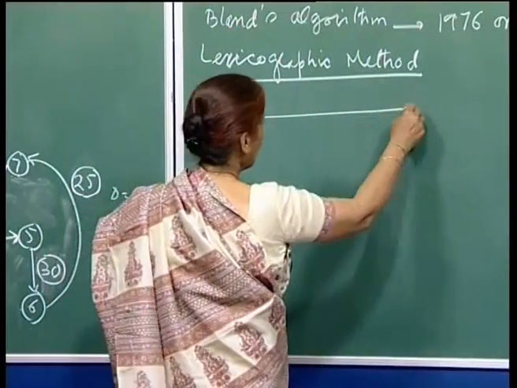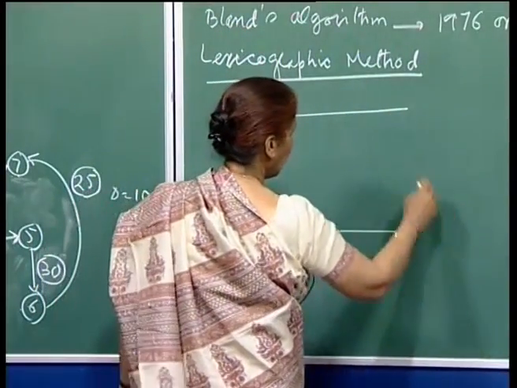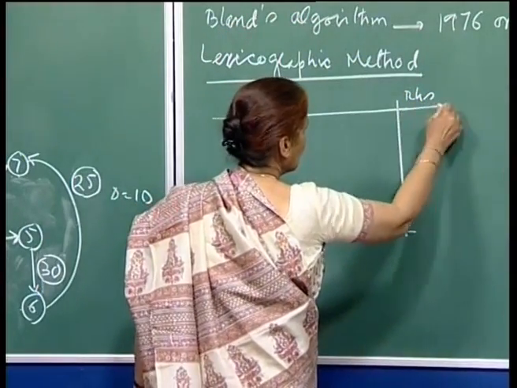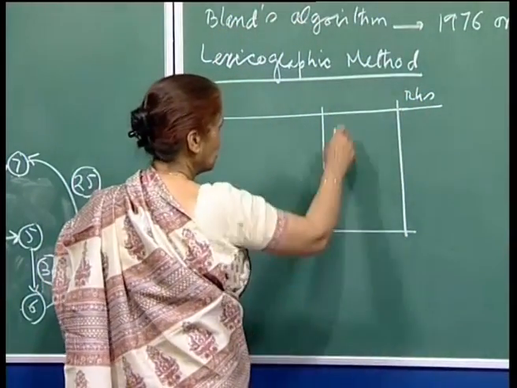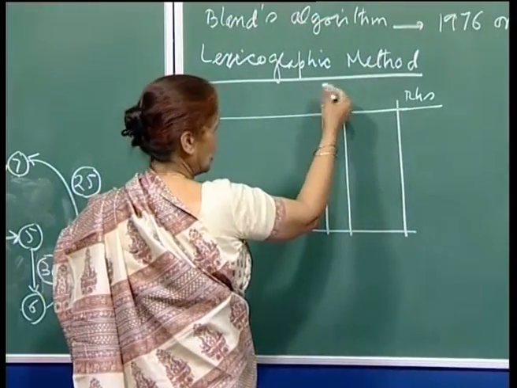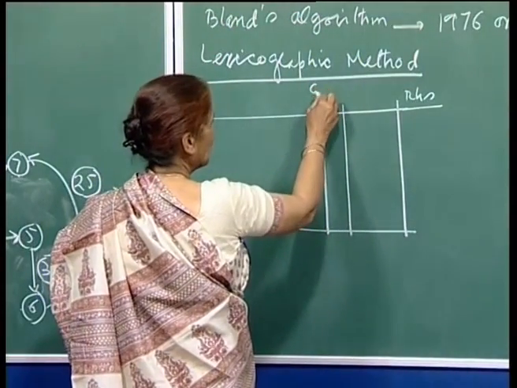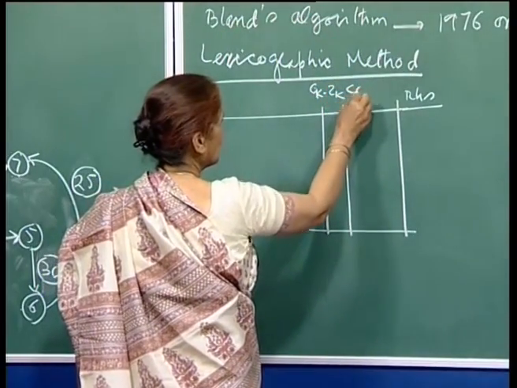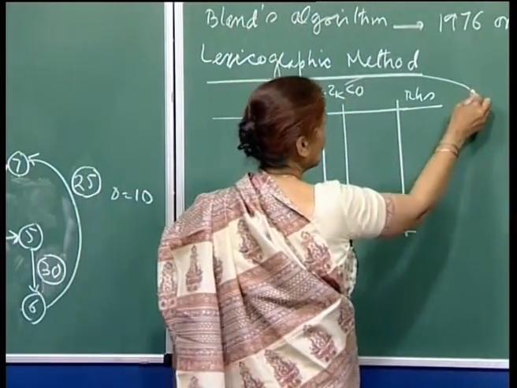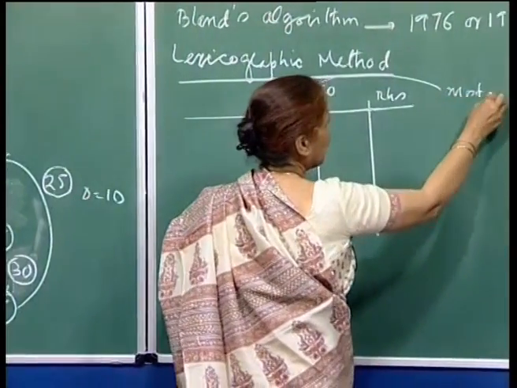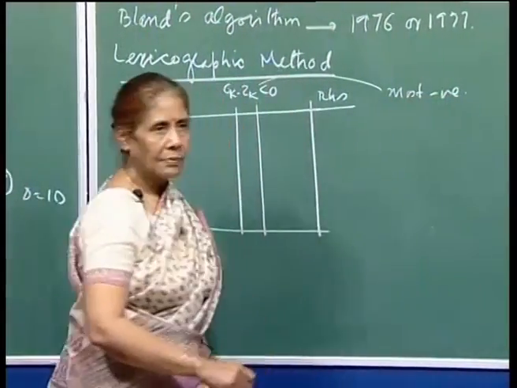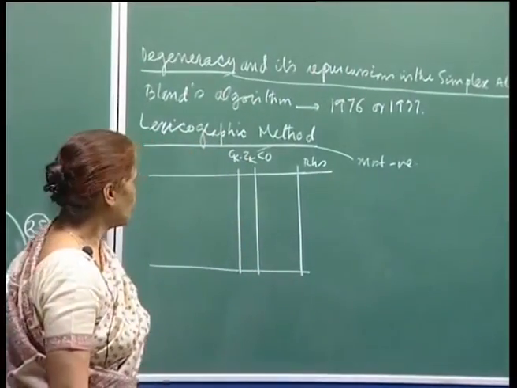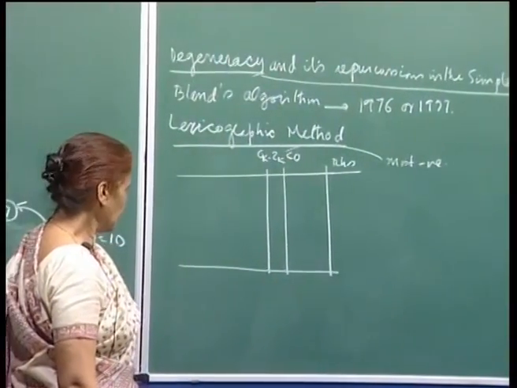See, what is happening is, you have this right hand side vector, okay, and suppose you choose this variable to enter the basis. So, your Ck minus Zk is less than 0, and we are saying that this is the most negative. So, our incoming choice, just as Dantzig's algorithm said, is to choose the most negative one to enter the basis.